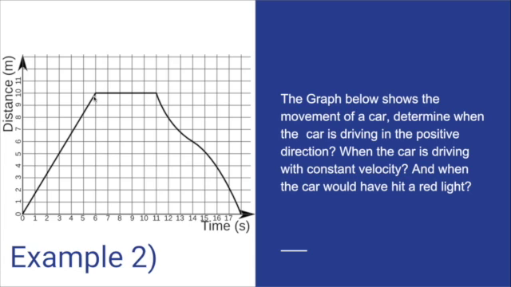When is the car driving with constant speed? For constant speed, the slope of the tangents would have to be equal along the whole area. So when you look at this graph, where would that happen? It wouldn't happen here, because if you were to find the slope of the tangents, so the instantaneous velocity at those seconds, they would be different.